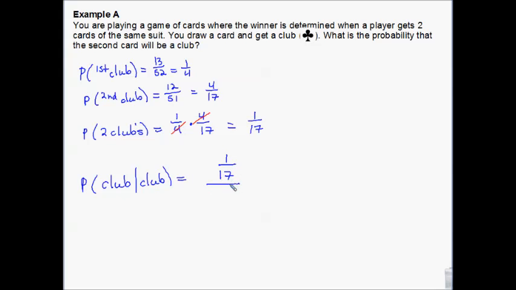Because it's the 2 events divided by the first event. So it's divided by 1/4. So that's 1/17 times 4 over 1. So 4/17, which, in case you wanted to know, is about 23.5%.